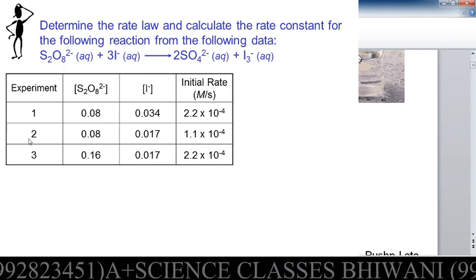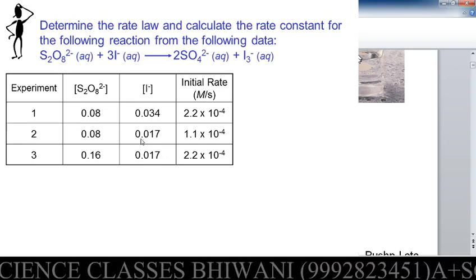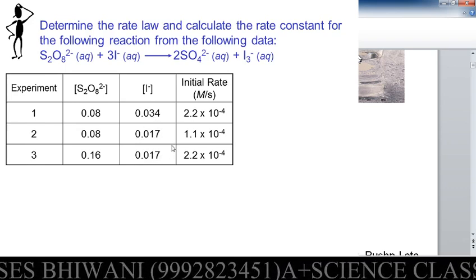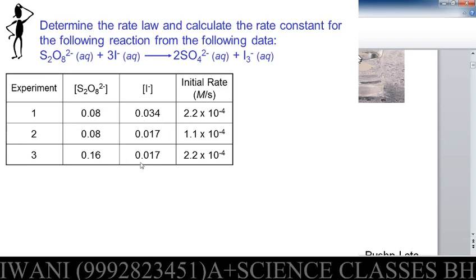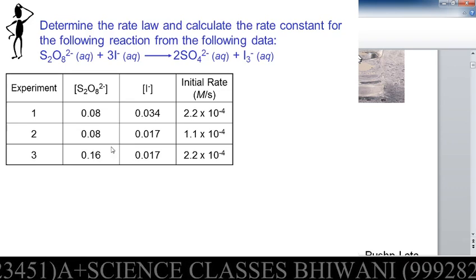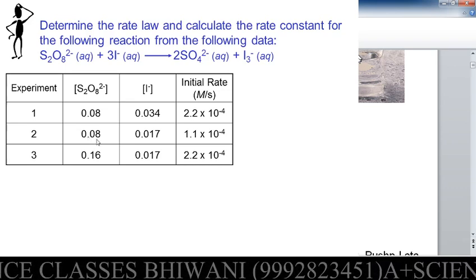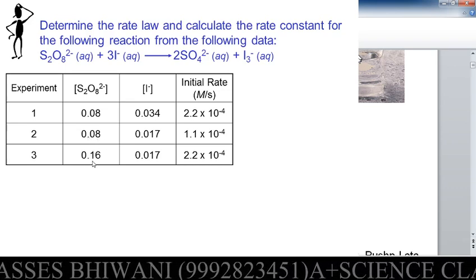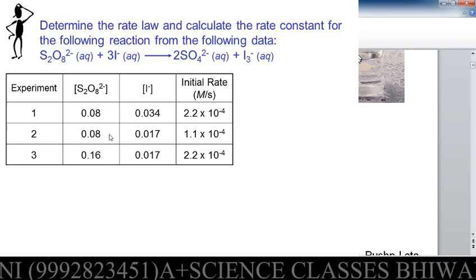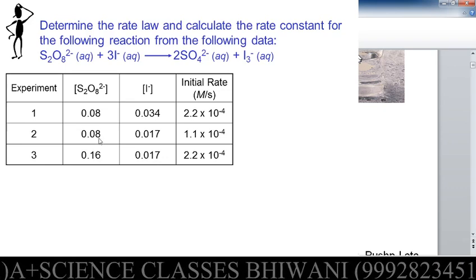Clear? As you observe from experiments 2 and 3, the concentration of iodide, 0.017, 0.017, is constant or equal in both experiment 2 and experiment 3. With respect to this, the concentration of H2O8 increases from 0.08 to 0.16. Yes, definitely increases. And how much? Double. It's twice the previous one.